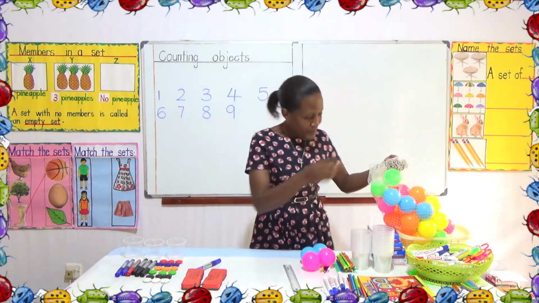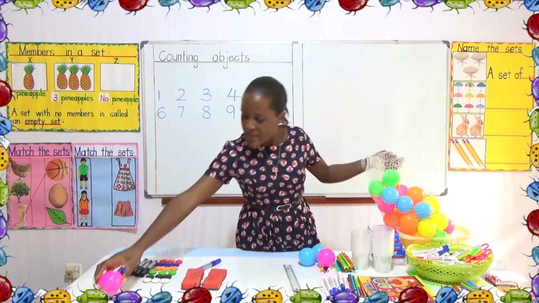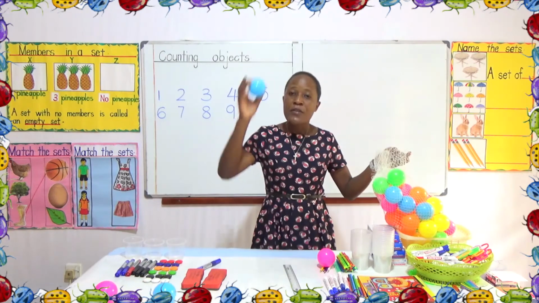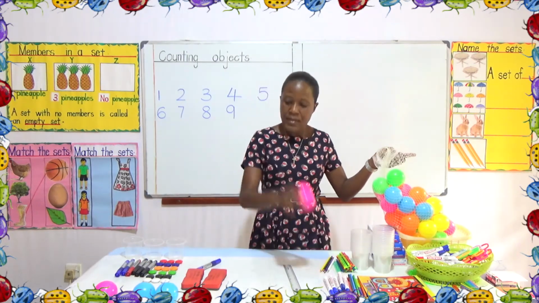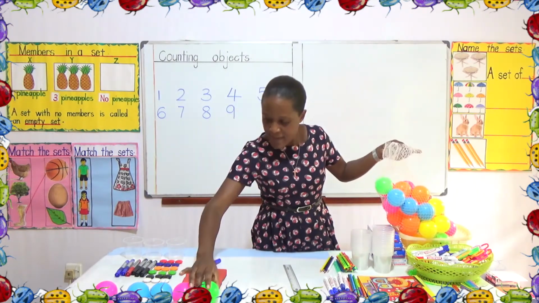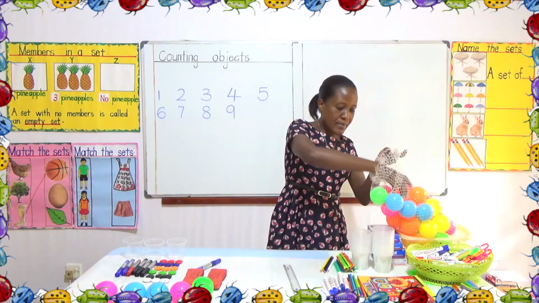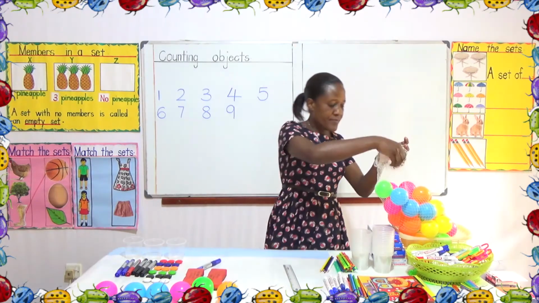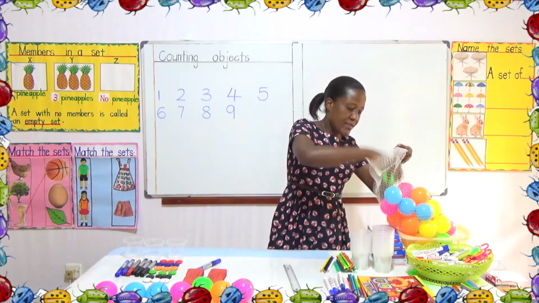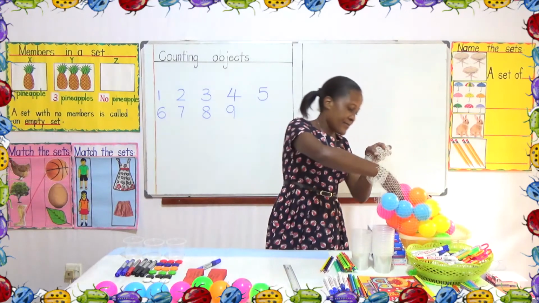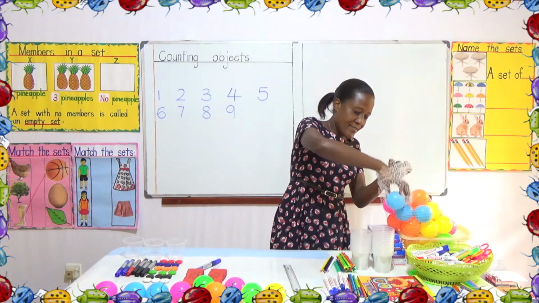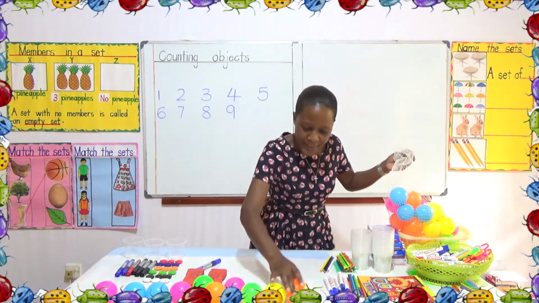Let's count together. 1, 2, 3, 4, 5, 6, 7, 8, 9, 10.